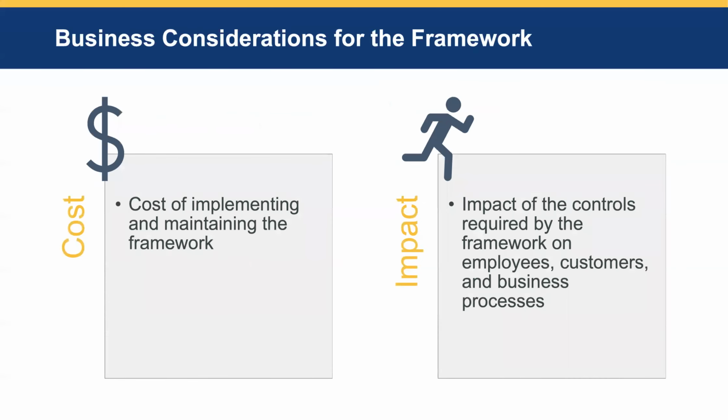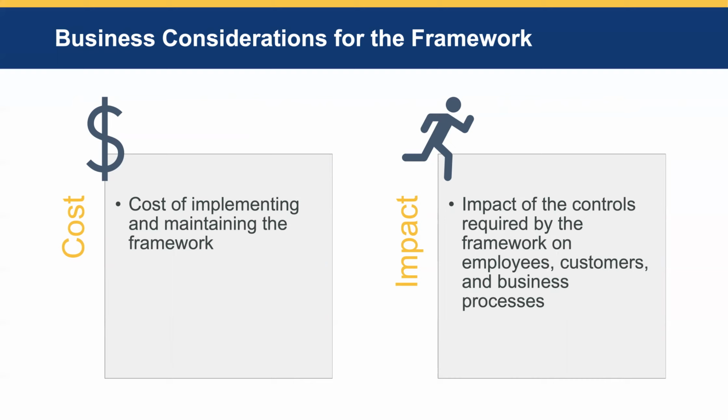And so there are appropriate business considerations that should be made when we're considering frameworks. An organization is going to need to keep intact a collection of different policies. This could be related to the cost and impact that the framework is going to have.